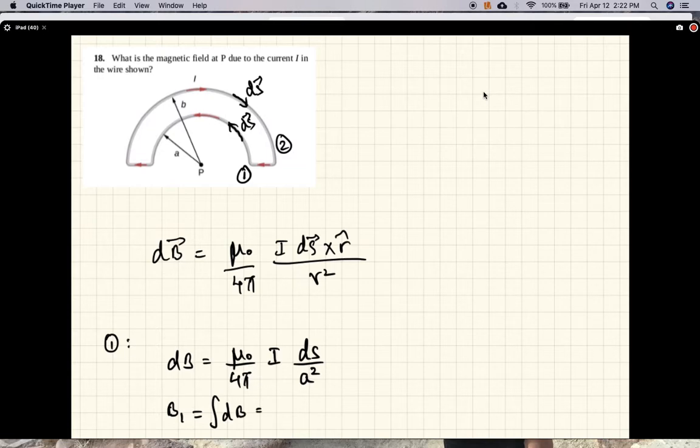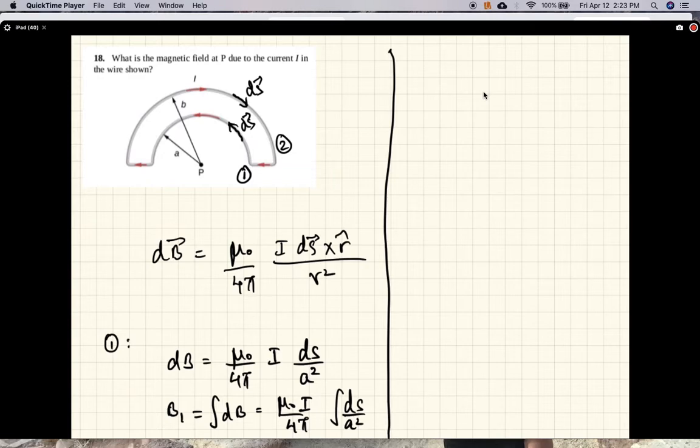this is mu naught I over 4 pi, ds over a squared, and a squared is constant for all, and the distance from the point P is the same for all elements, so it's just the length of this wire, which is half the circumference, which is pi a. So B1, the field produced by semicircle 1, is equal to mu naught I by 4 pi times pi a divided by a squared.